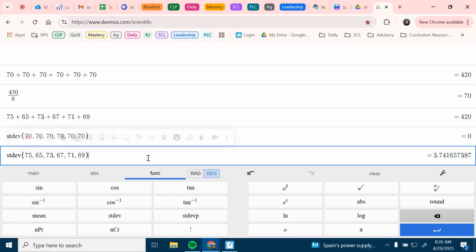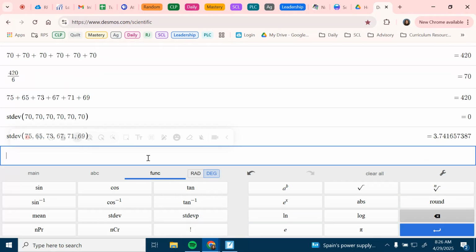And lastly, we're going to find the standard deviation for Trisha. So I click my STDEV button, and I have 90, 50, 82, 58, 79, 61.